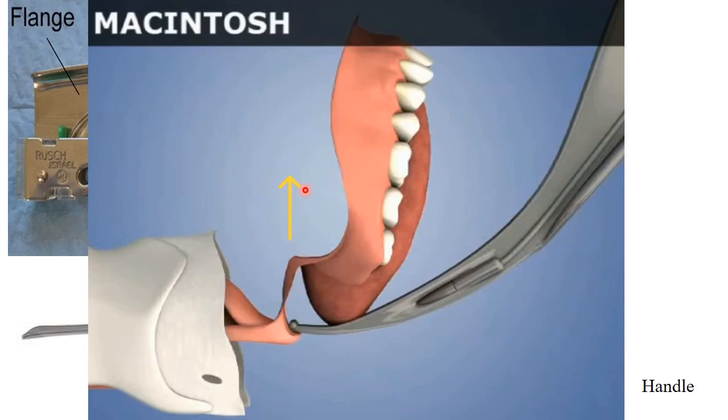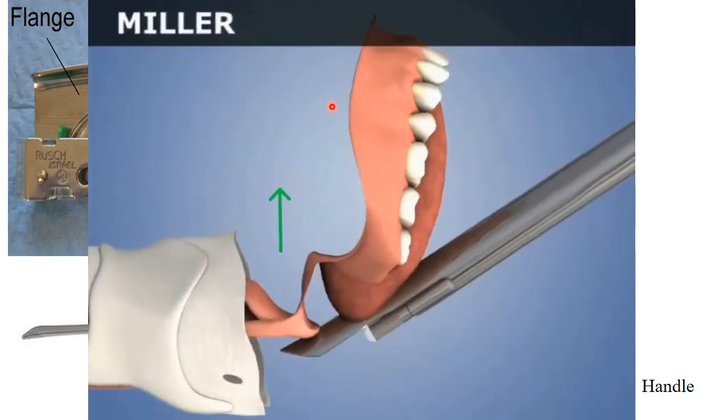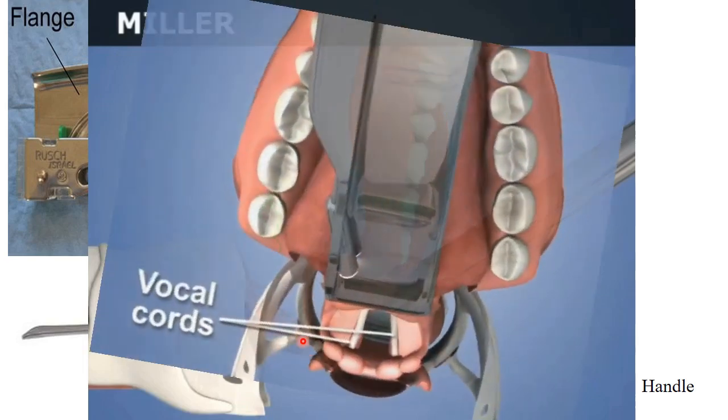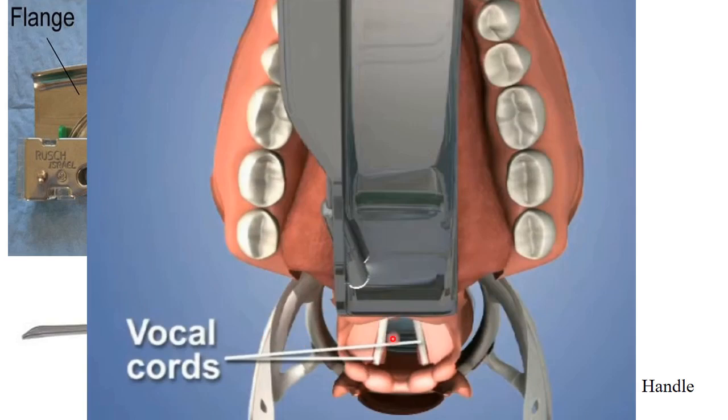While in the case of Miller's blade, it bypasses the vallecula over the epiglottis and is then lifted upwards to reveal the laryngeal structures, like in this picture.